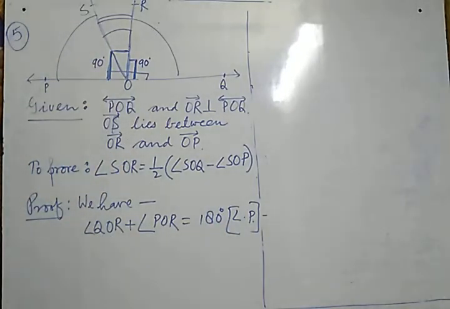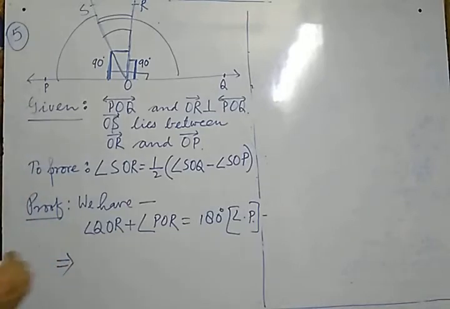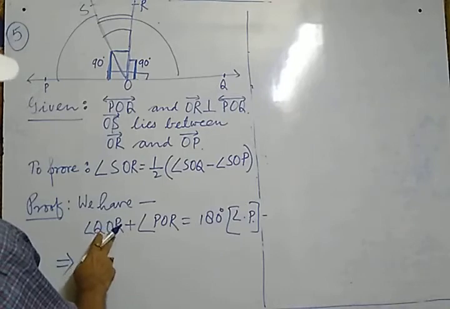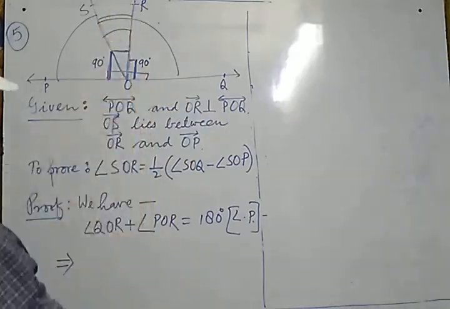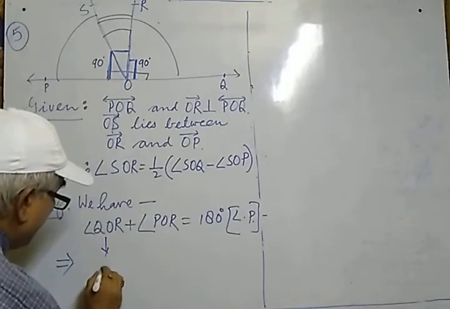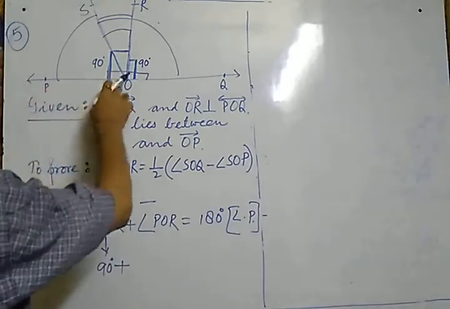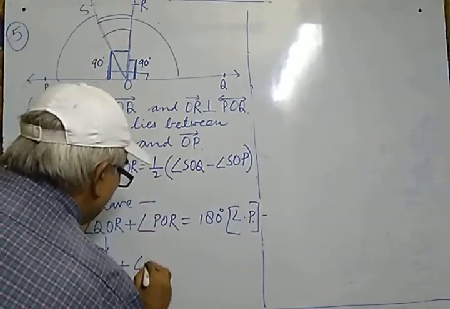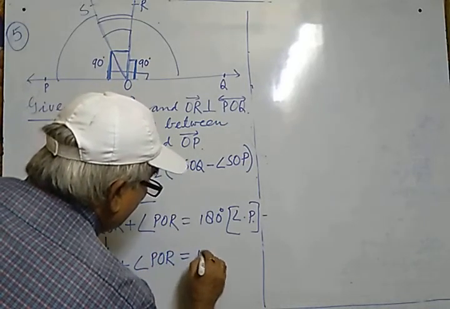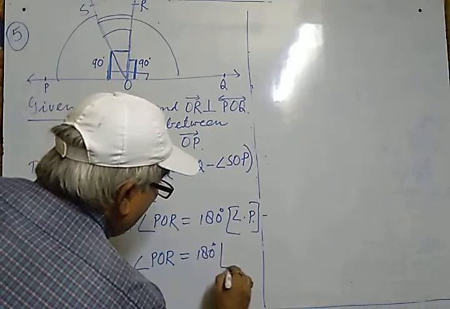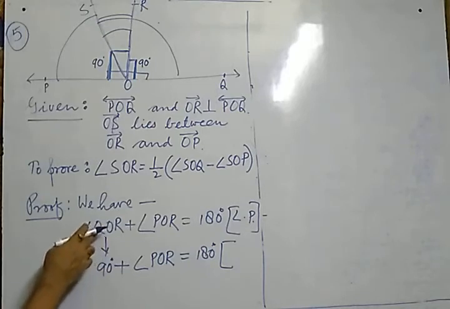Again we see, we have to put the values here. QOR means QOR is equal to 90 degree. In the place of this one we can note down 90 degree plus angle POR equal to 180 degree. And what reason is there? Why have we written here 90 degree in the place of angle QOR?